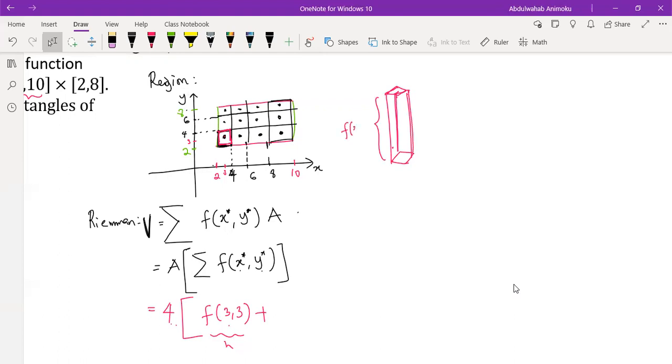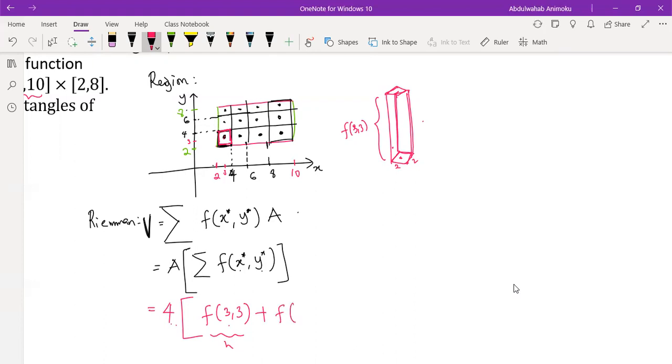F of, in this case, F of (3, 3), and this base is 2 by 2, right? This point will determine the height. And this is how we're going to look at each strip coming out of each of these smaller rectangular regions. So this will give us the volume of this particular strip. Then we add it to all the other strips.